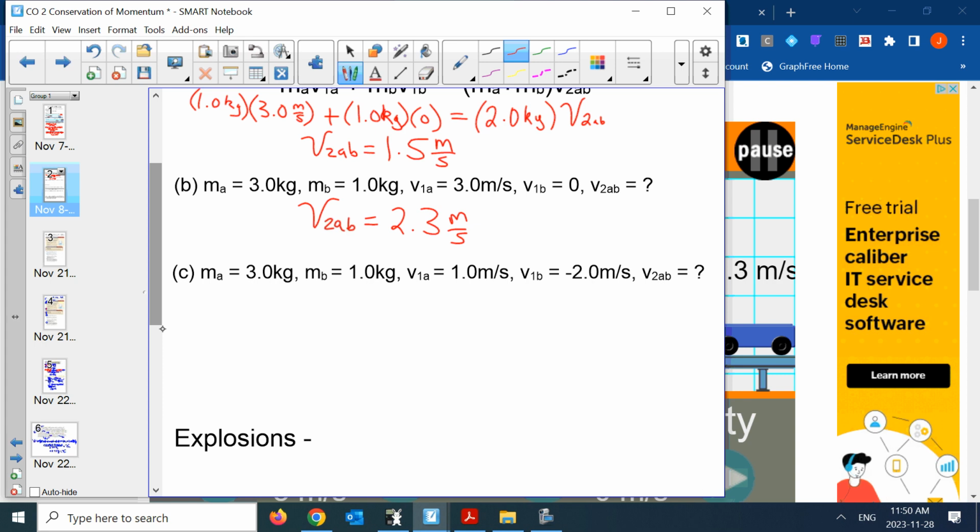The red will have 3 times 1, so 3 kilogram meters per second. The blue will have 1 times -2, so -2 kilogram meters per second. So without even calculating, which way will it move after it's hit, right or left? Is there more momentum in the forward direction or the negative leftward direction? It'll keep going forward. Okay.